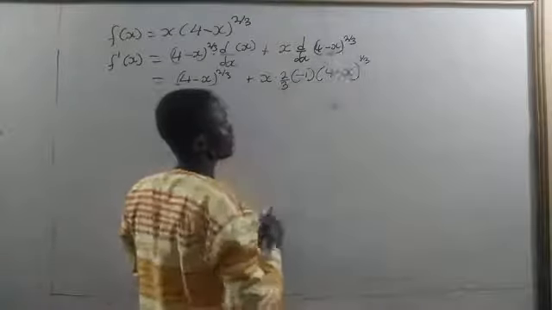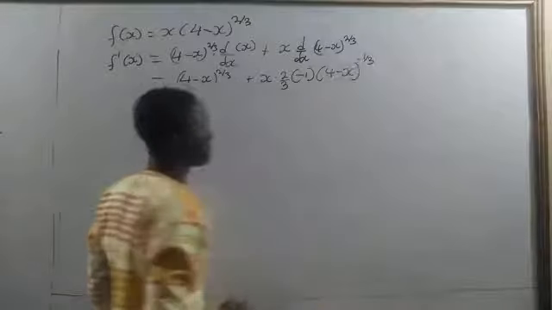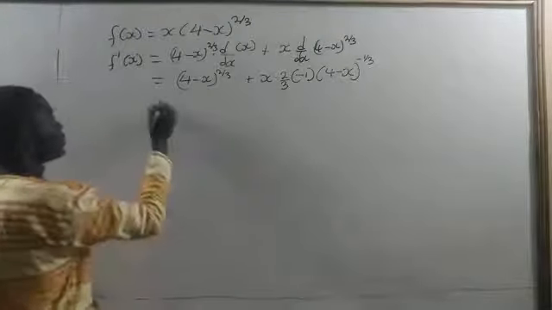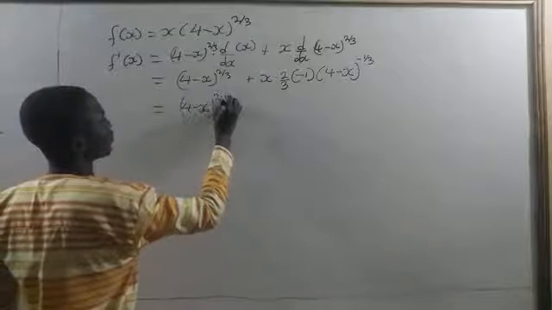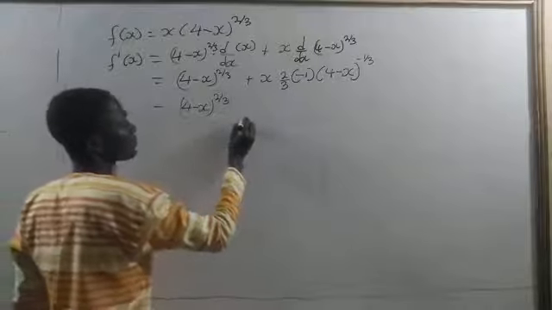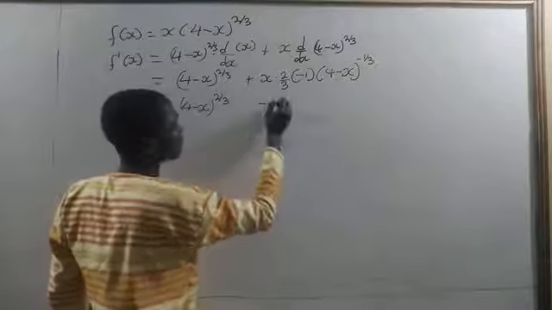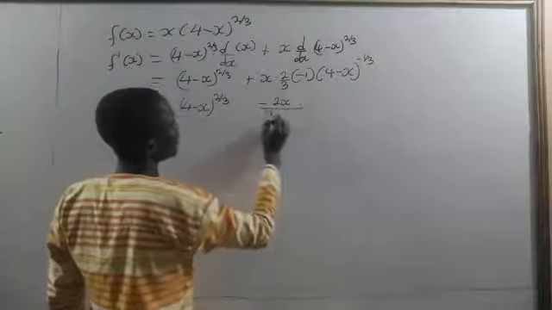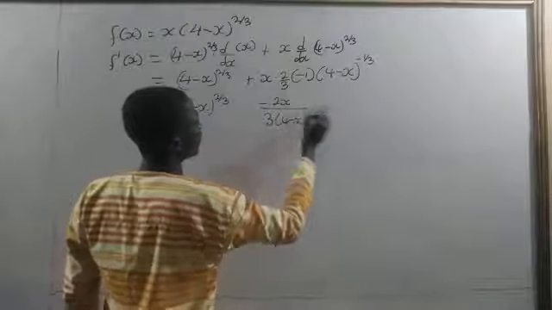If you subtract 1 from the power, you get negative 1 out of 3 rather. Very simple as that. So let's move on. This will give us (4 minus x)^(2/3) minus 2x all divided by 3 times (4 minus x)^(1/3).